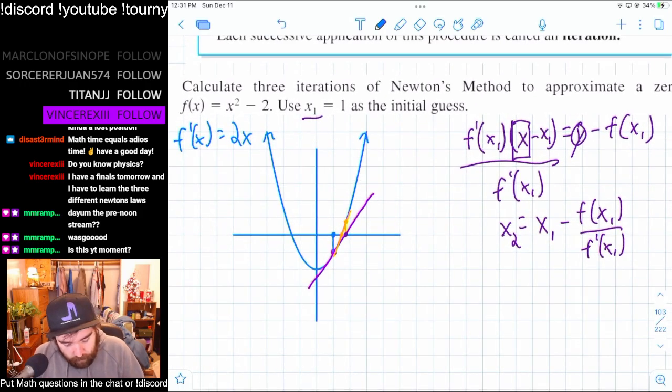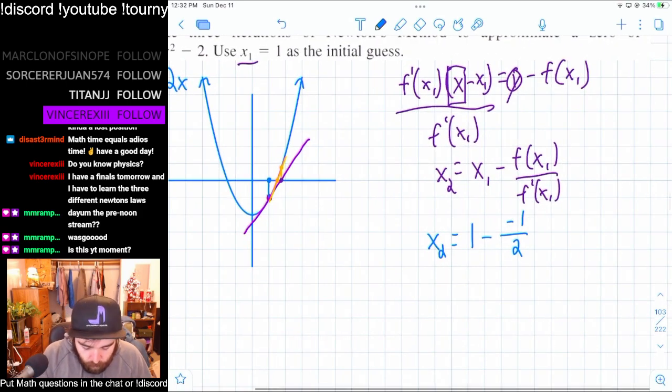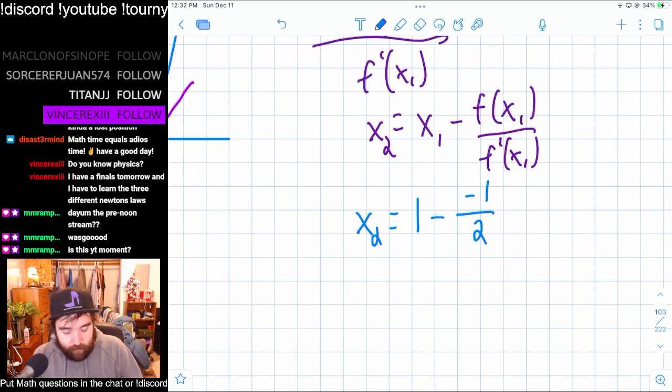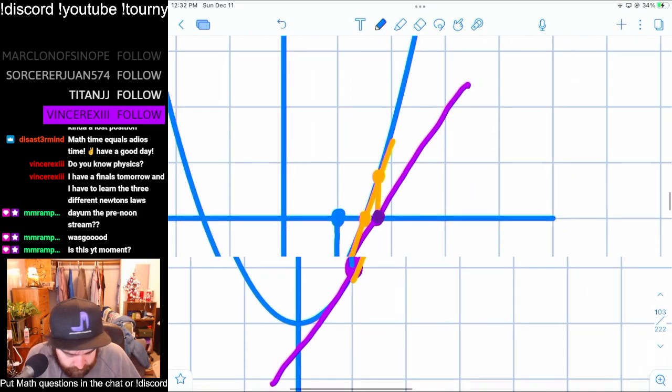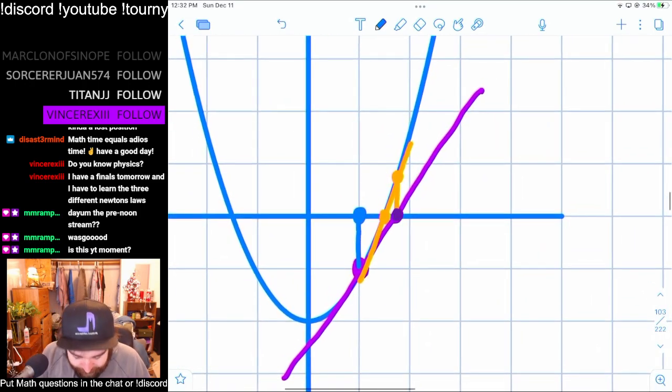So we're going to say that x2 is 1 minus f of x1, so f of 1, so negative 1, over f prime of 1, which is 2. So that gives us that new point, 1 plus 1/2, so 1.5. That tells us, wow, we did a pretty bad drawing then. That purple line should have been at 1.5.